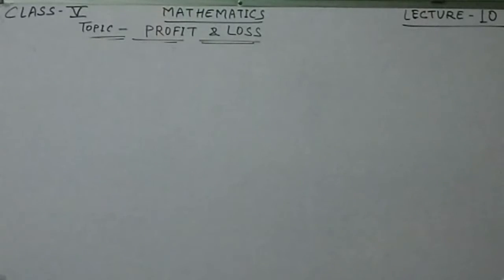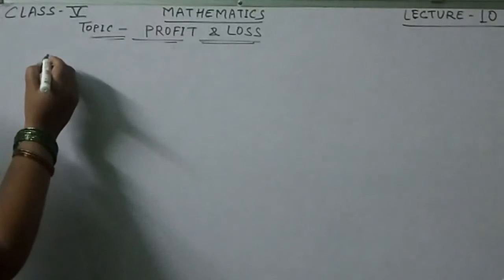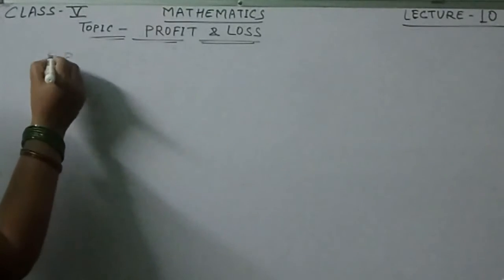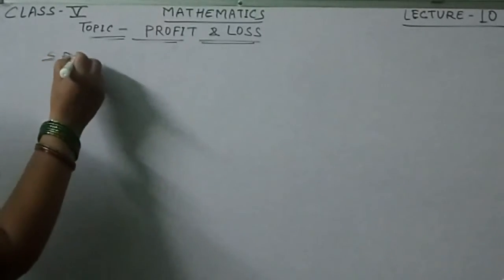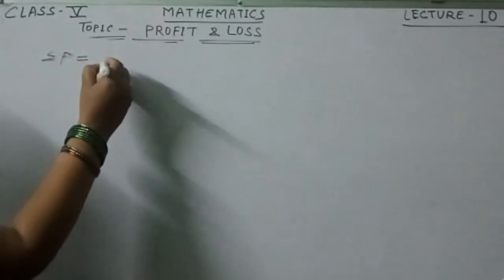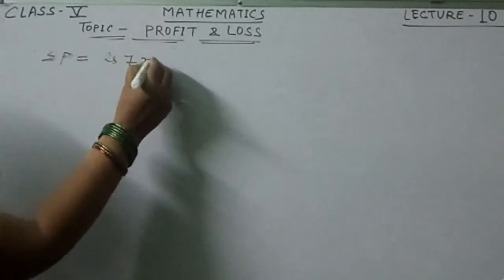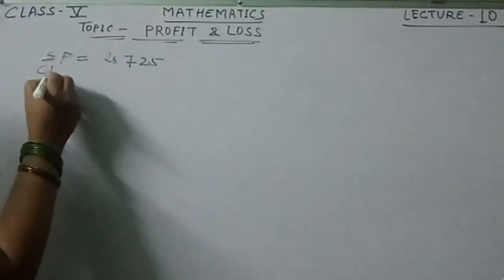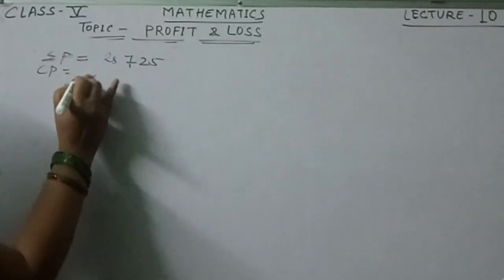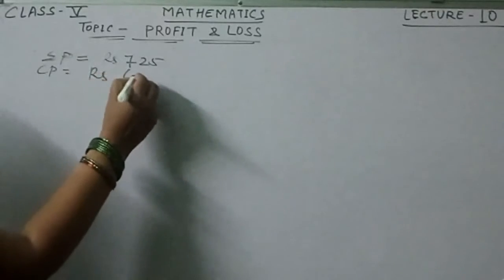Question number 2. Fill in the blanks. It is the same kind of question. SP and CP are given, and you have to decide, and after that directly fill in. SP is given as rupees 725, and CP is given as rupees 650.